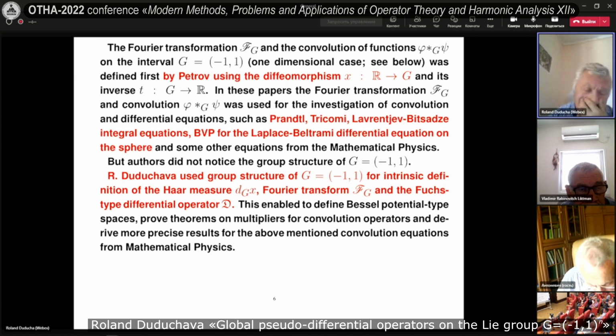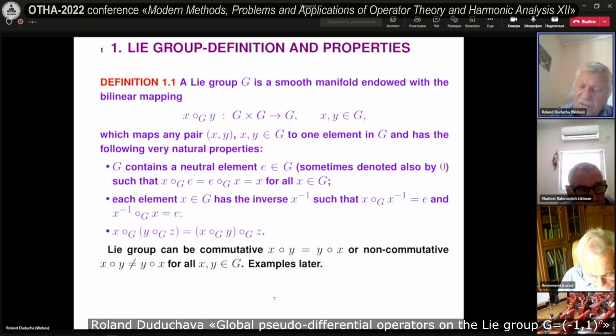But it is work which I am not going to speak about here. After this work, I was a guest in Ghent, and with my colleagues, we tried to apply this technique to define pseudo-differential operators on this Lie group, and derive results for them. And I will speak about these results.